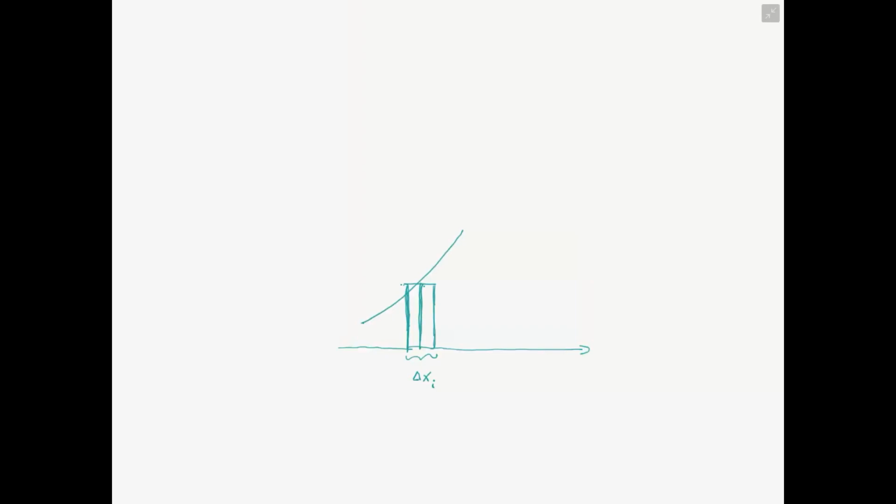So this point is x_i, and this is y_i average, which is equal to, in this case, f(x) equals x squared, or y equals x squared.